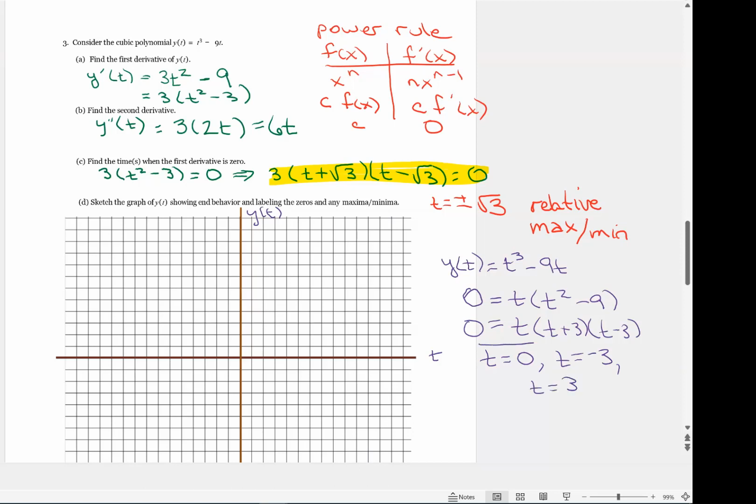These are my zeros for my function. And if you remember, since all of them are to the power of 1, which is odd, they all cross the x-axis.